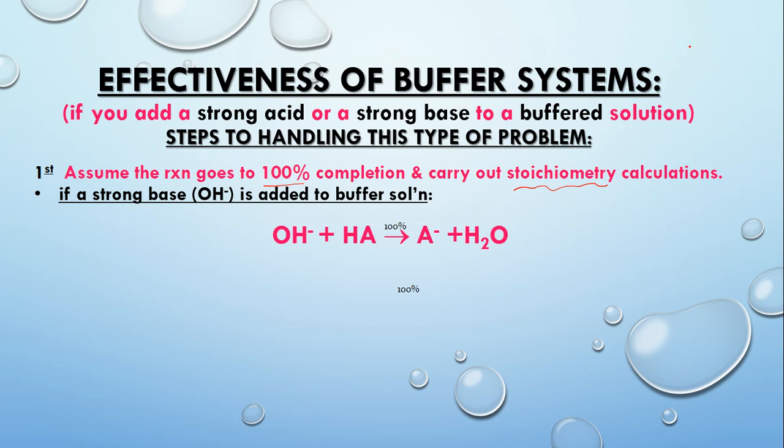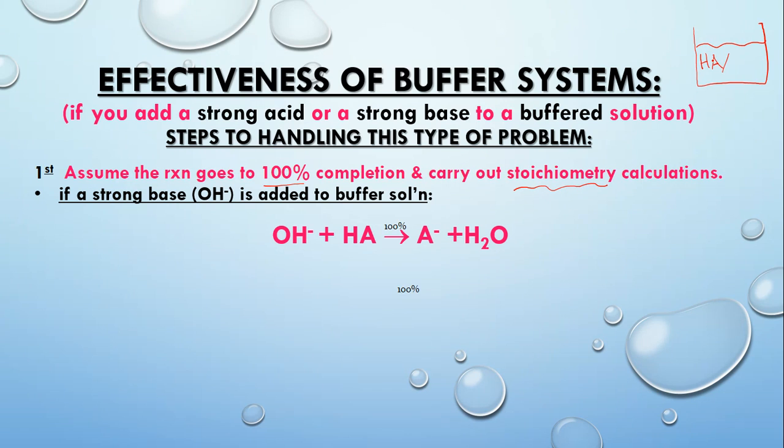So what I mean by that is if we look at this beaker, consider this to be a buffer system, and I'm just going to use generic formulas here. Let's say this buffer system has a weak acid. Remember, a buffer is a weak acid and its common salt, or a weak base and its common salt.